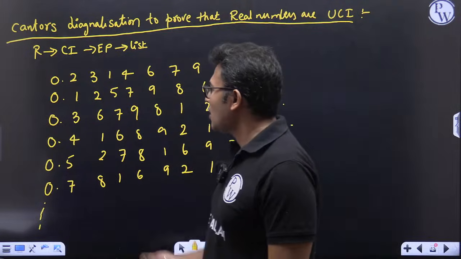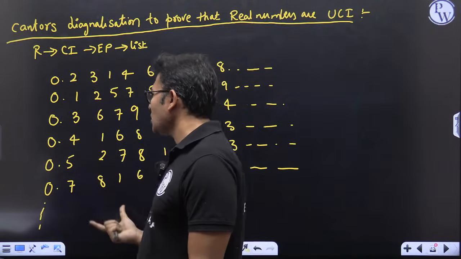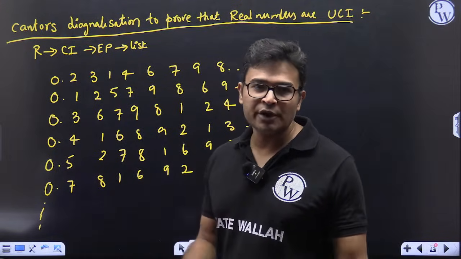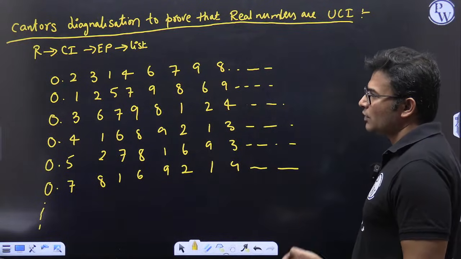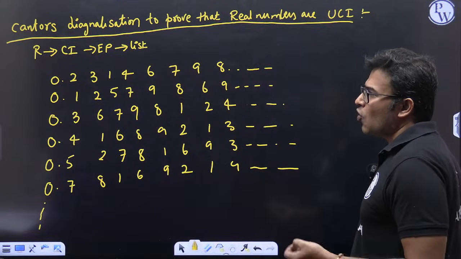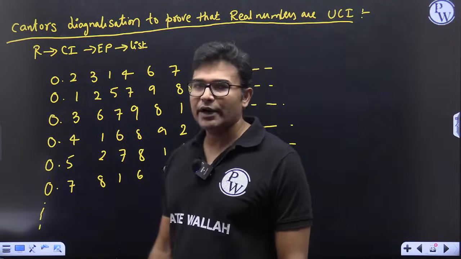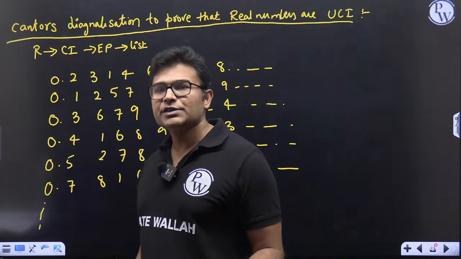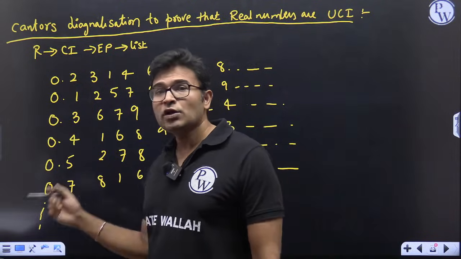So now you have said that real numbers are countably infinite and these are all the real numbers, and I have used an enumeration procedure. Now guess in this game what I will do. Simple guess. What I will do is, I will try to prove that these are not the only numbers.